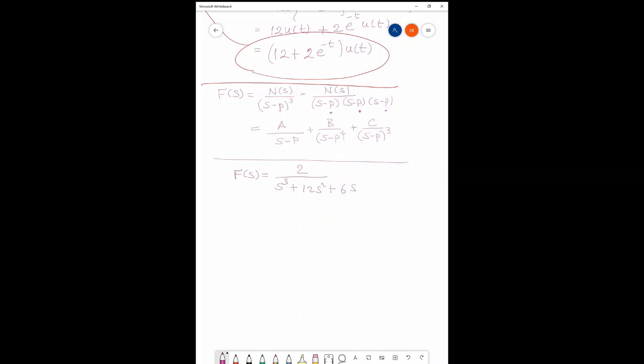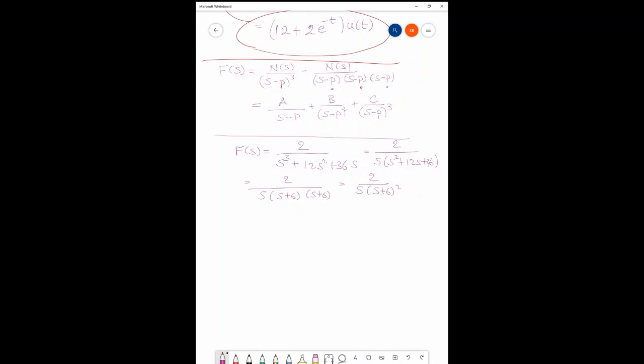If we rewrite it, it is the same as s multiplied by s squared plus 12s plus, let me use 36 here, so that it will be according to our example. So we have s, and here s plus 6 and s plus 6, because 12 can be decomposed into those two. This is the same as 2 over s times s plus 6 squared.